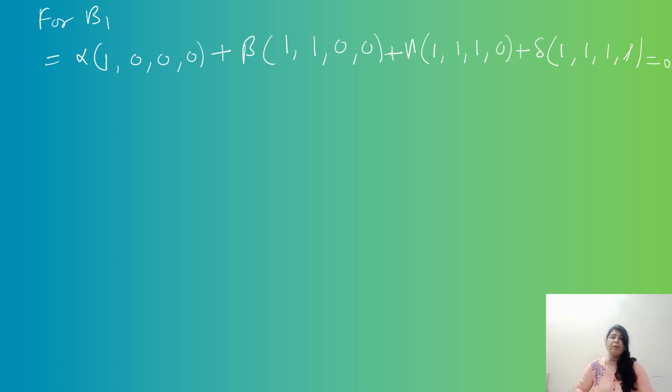So if alpha, beta, gamma, delta, these all four constants come out to be 0, we say this set B1 is linearly independent. So we will write its equations.